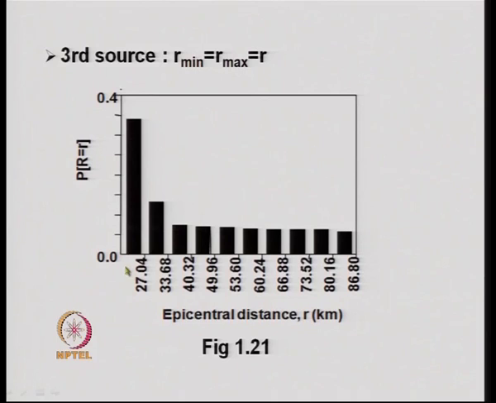So, here for example, for the first source, the probability of occurrence of earthquake with epicentral distance of 27.04 is about 0.336. Similarly, for a radial distance of 33.68, the probability of occurrence is about 0.18.